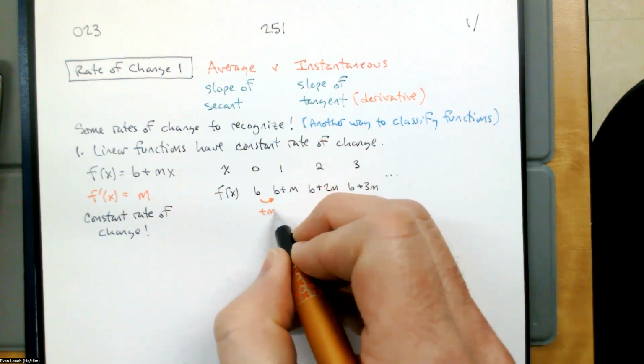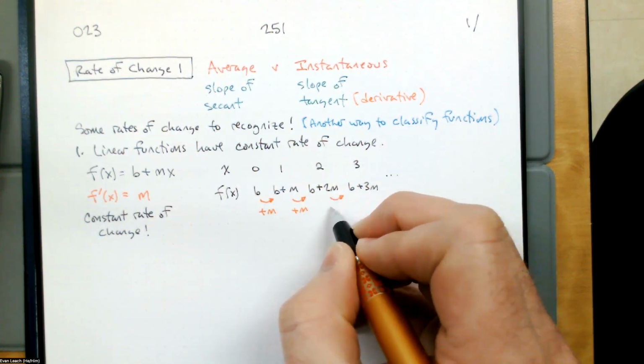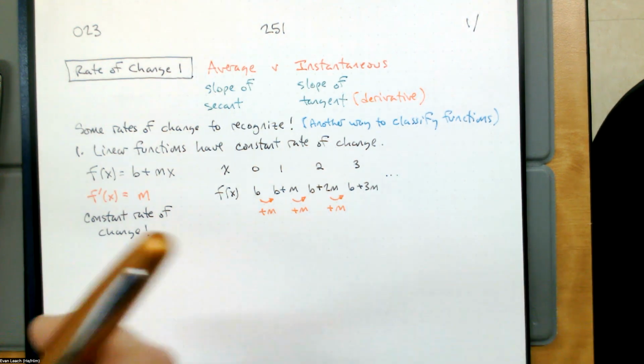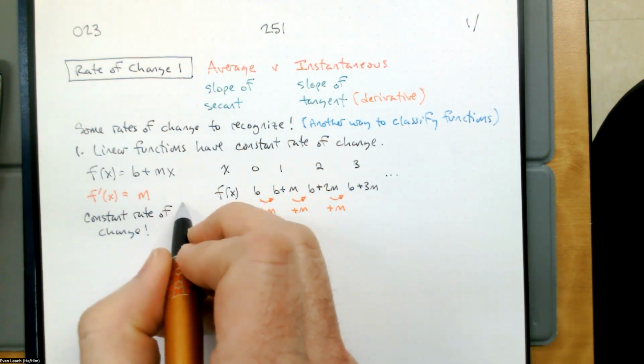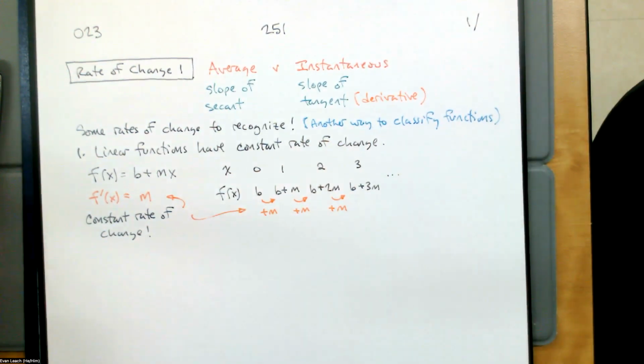We add m a bunch of times. There's our constant rate of change. Linear functions have a constant rate of change.